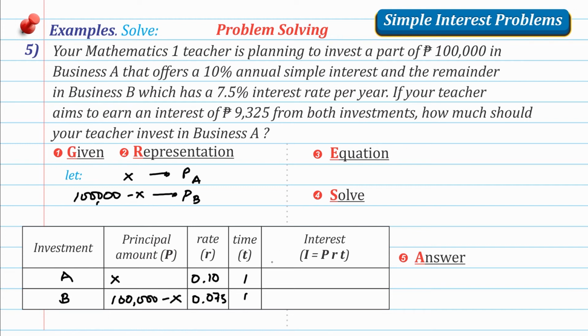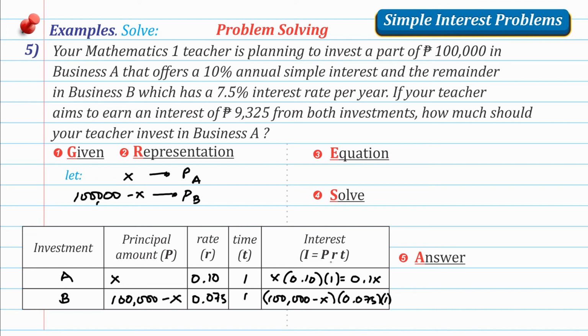Very easy to get the interest. The last column, we simply multiply PRT. So, X times 0.10 times 1. Of course, we can simplify this as 0.1x or 0.10x. Ito medyo mahaba. So, the principal for Business B is 100,000 minus X times 0.075 and then, of course, times 1.